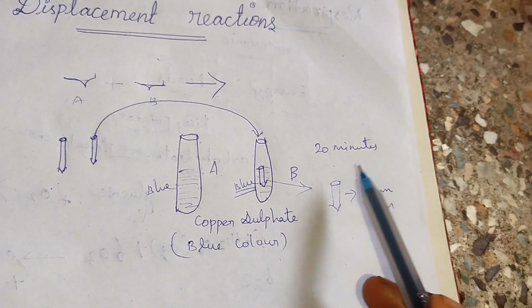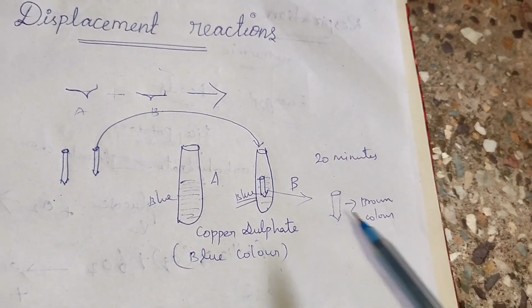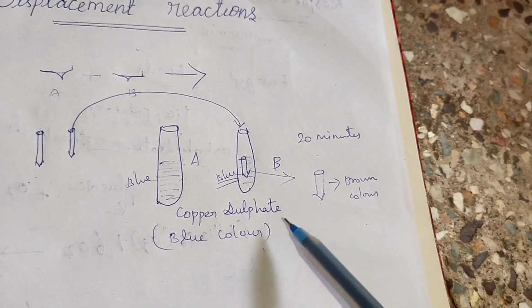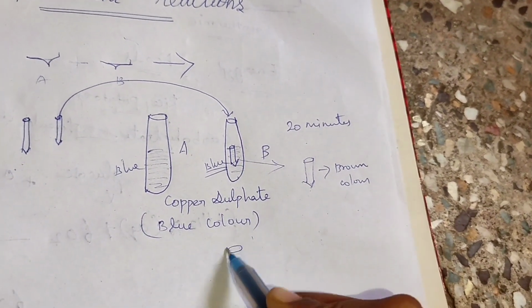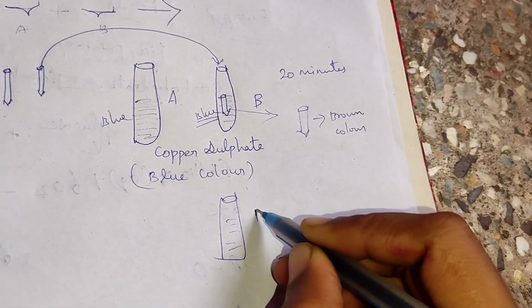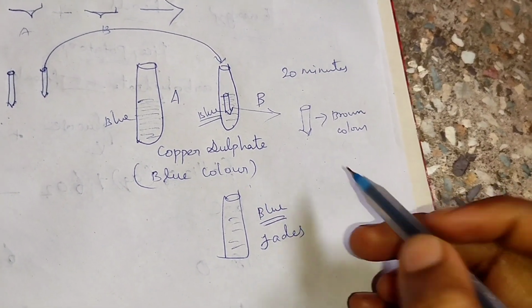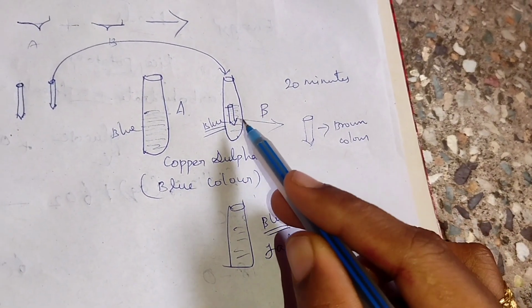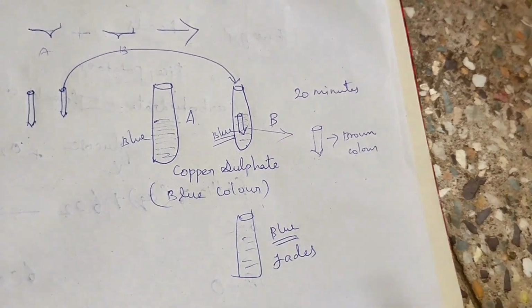After 20 minutes, I observe the changes. In test tube B, the blue color fades completely, and the iron nail taken out has changed into a brownish color.